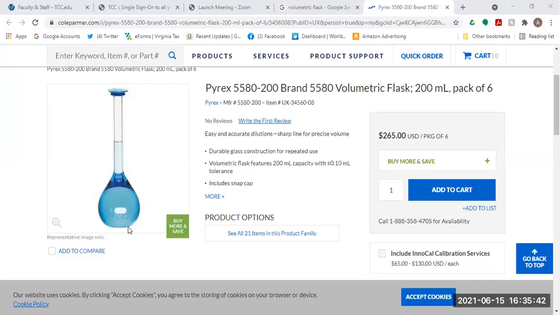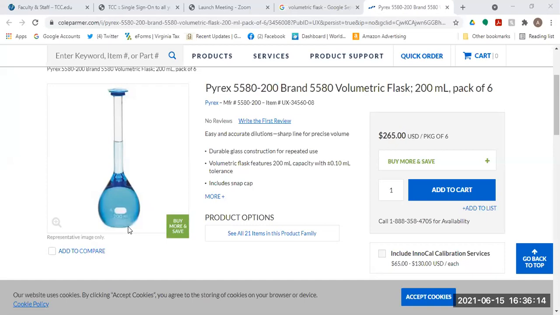All right, so here's a volumetric flask. Note, the neck of it is very long and skinny. And like a pipette, there is a mark on it. This one I pulled up is for a 200 milliliter volumetric flask. It's not cone shaped the way an Erlenmeyer flask is. It kind of looks like you took a teardrop and squished the bottom flat.